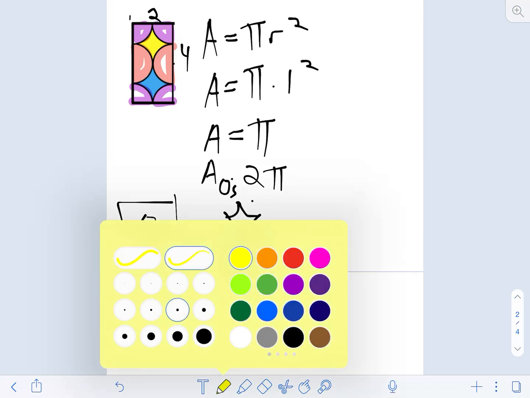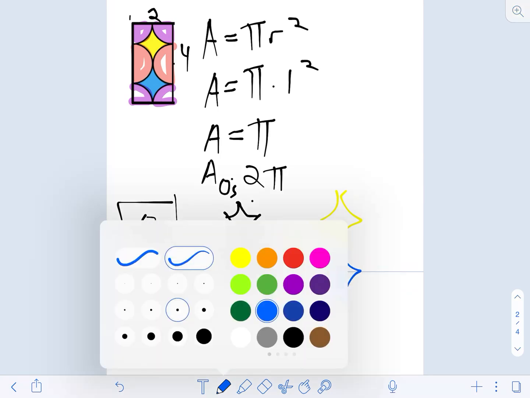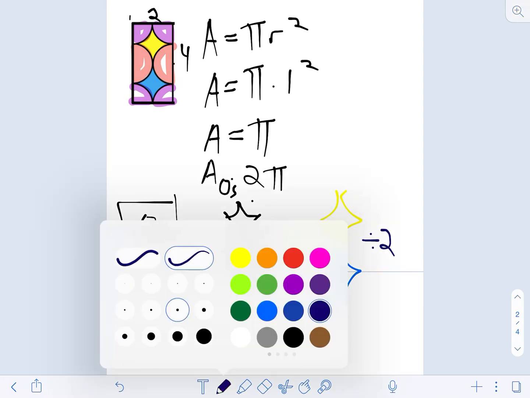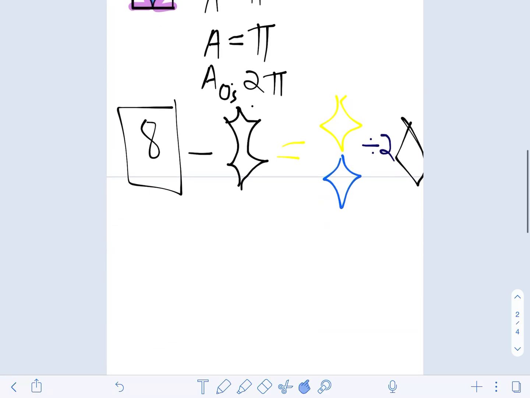Then you'll be left with your yellow star and the blue star. Since they're both the same, if you cut them in half, you would get the area of the megastar.